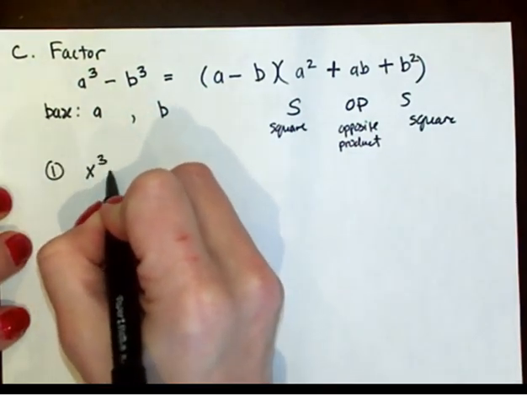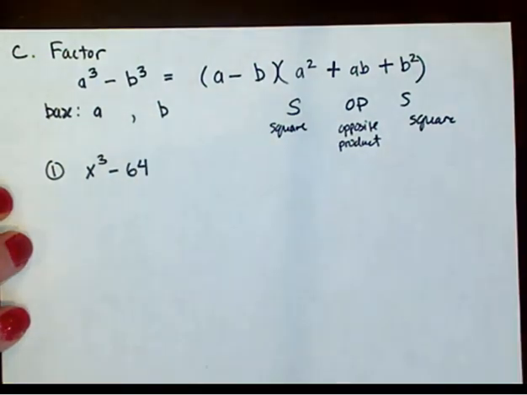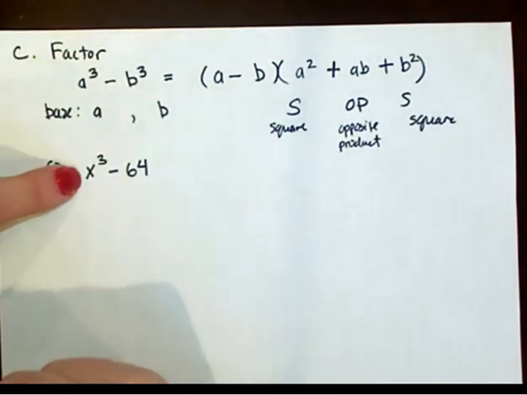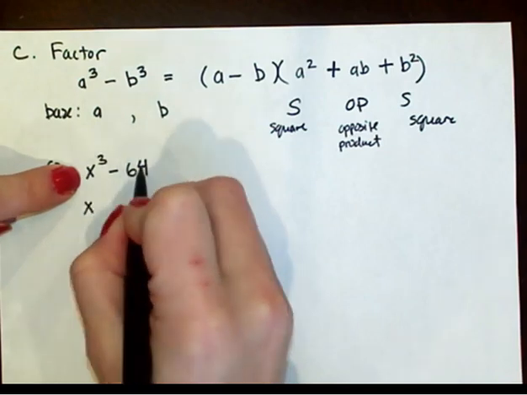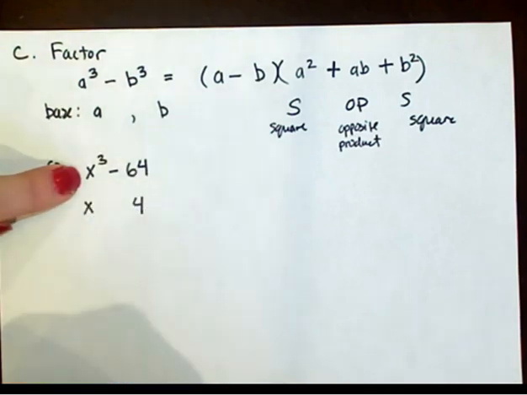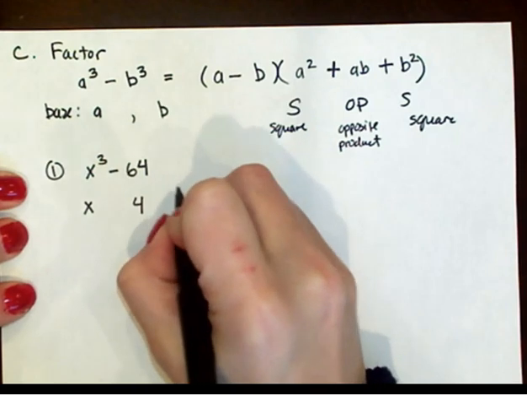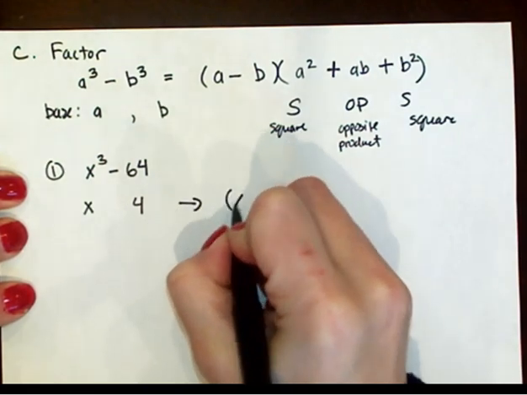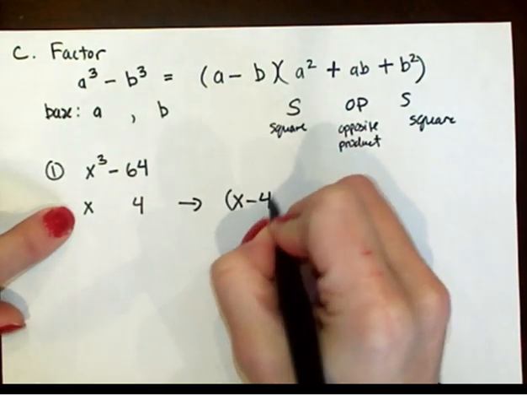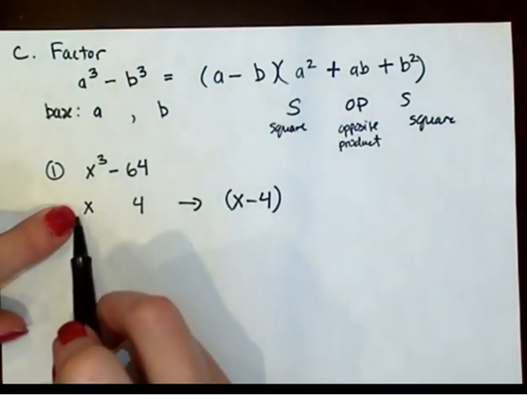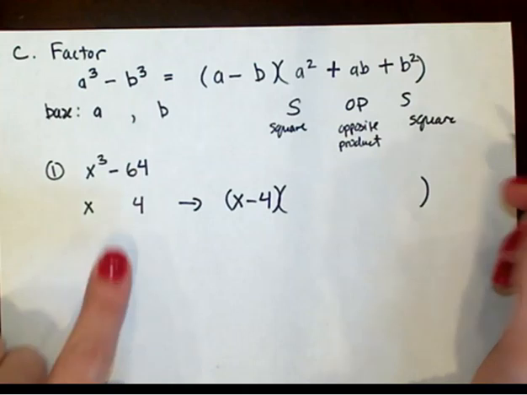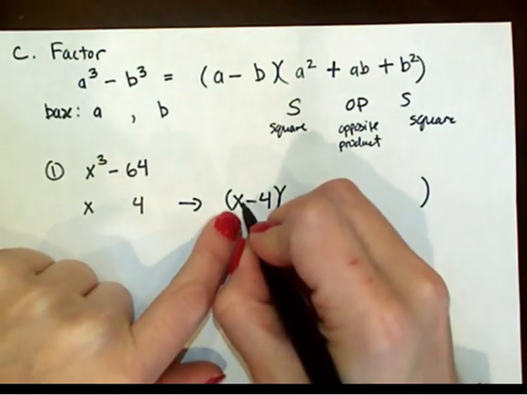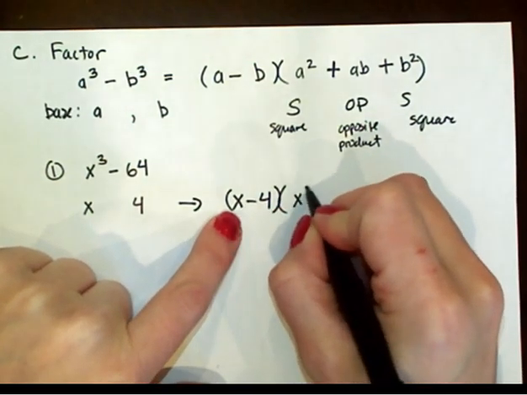X cubed minus 64. The first thing you have to do is determine the perfect cube and its base. Okay, so the base is x and the base is 4. This will factor. Fill in the first factor. Okay, x minus 4. Next factor. Okay, here we go. Square the first one.